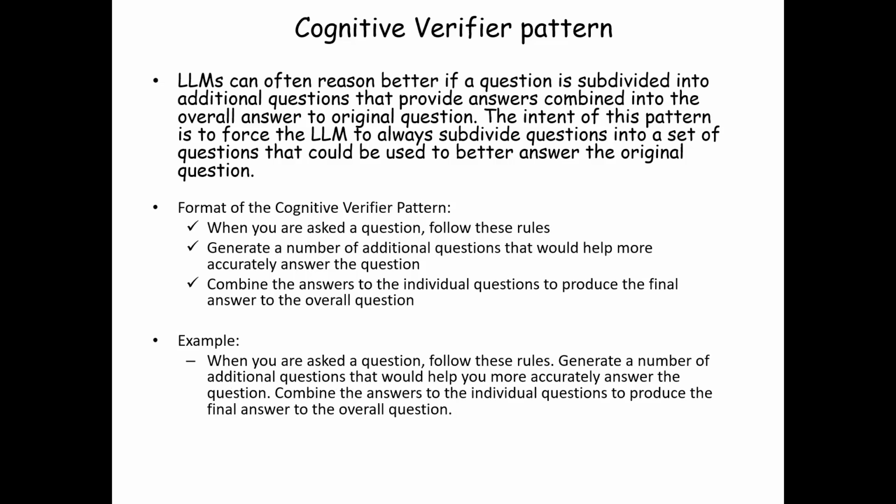So generally speaking, you ask ChatGPT to divide your original question into a number of sub-questions and then combine the answers together as the overall answer, which usually generates a better result.